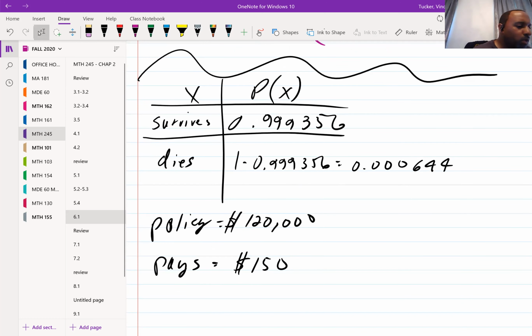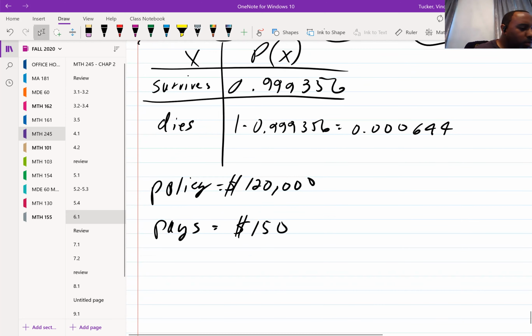All right. So she survives. She only paid 150. Okay, she survives, paid 150, and then if she dies, then the company pays.